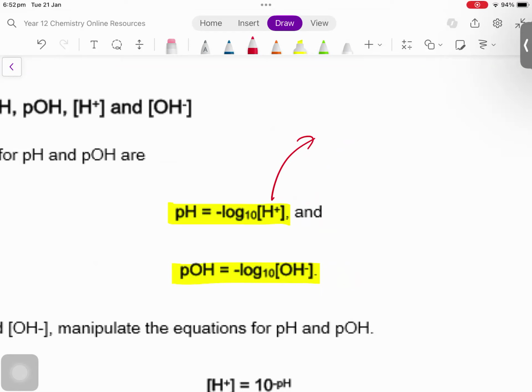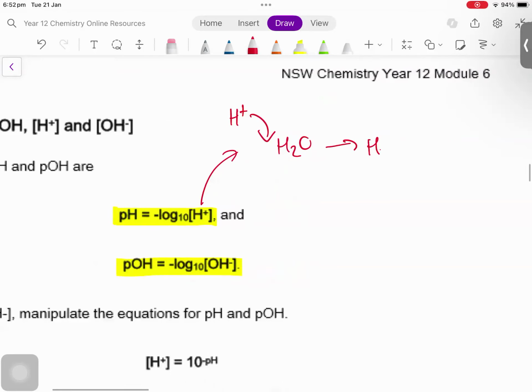So it was HCl plus H2O, or NH3 plus H2O. The acid pops off the H plus, but the H plus doesn't really float around. The H plus gets given to the water, and then what does water turn into on the right-hand side? Hydronium.